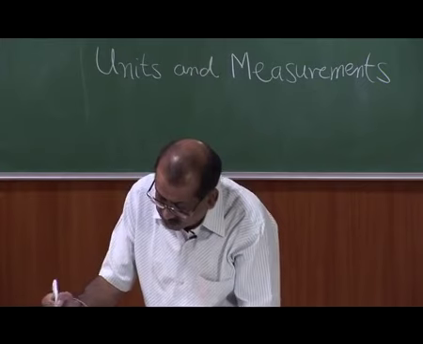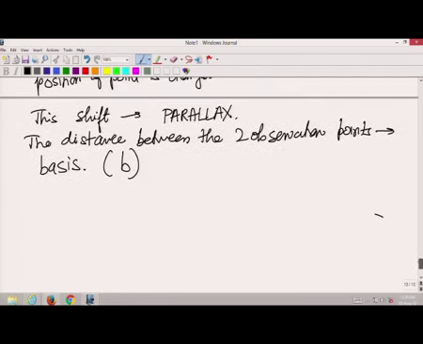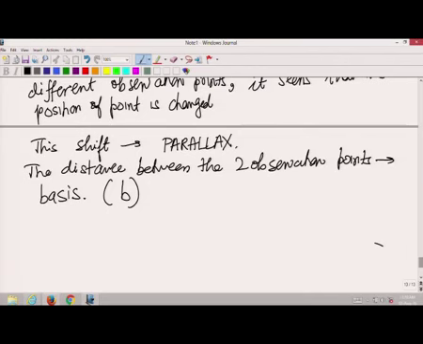So, the distance between the two observation points which is known to us is referred to as the basis. Typically for basis we use the symbol B.